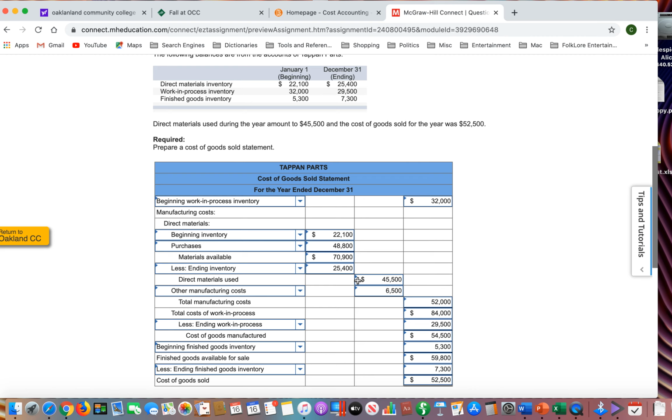And if I start with 22,100 and I had available 70,900, I must have purchased 48,800. That's just an example of how you need to work this out. And they give you the ending total here.